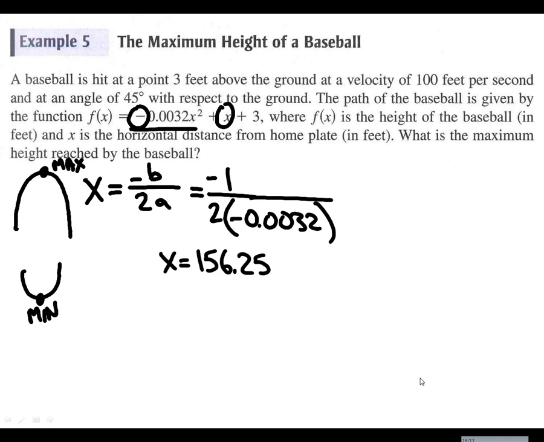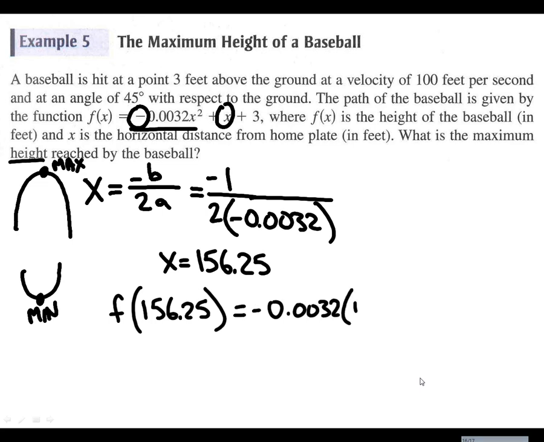That's the x value at the maximum, though. Look at what the question's asking. We want the height. Is the height the x or the y value? It's the y value. So we need to go ahead and plug this 156 back into the original equation and find f of 156.25. So everywhere we see x, we're plugging in 156.25.